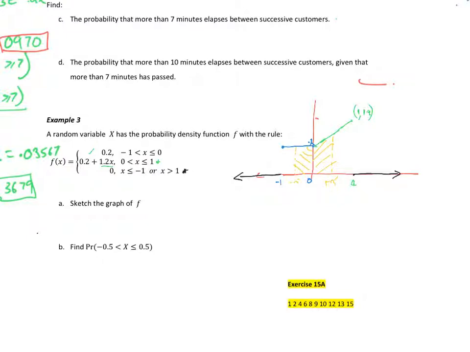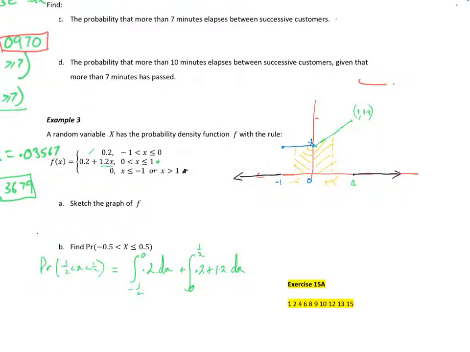The probability of -1/2 less than x, which is less than 1/2, is equal to the integral from -1/2 to 0 of the function that I'm interested in, 0.2 dx, plus the integral from 0 to 1/2 of 0.2 plus 1.2x dx.